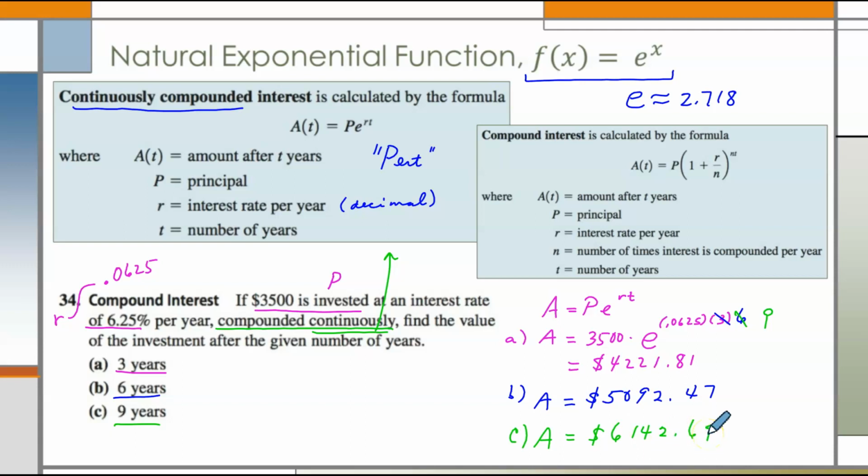Okay, so if we're compounding daily, quarterly, that's an N formula. So look for the key phrasing. If we're compounding continuously, then we're using the PERT formula.